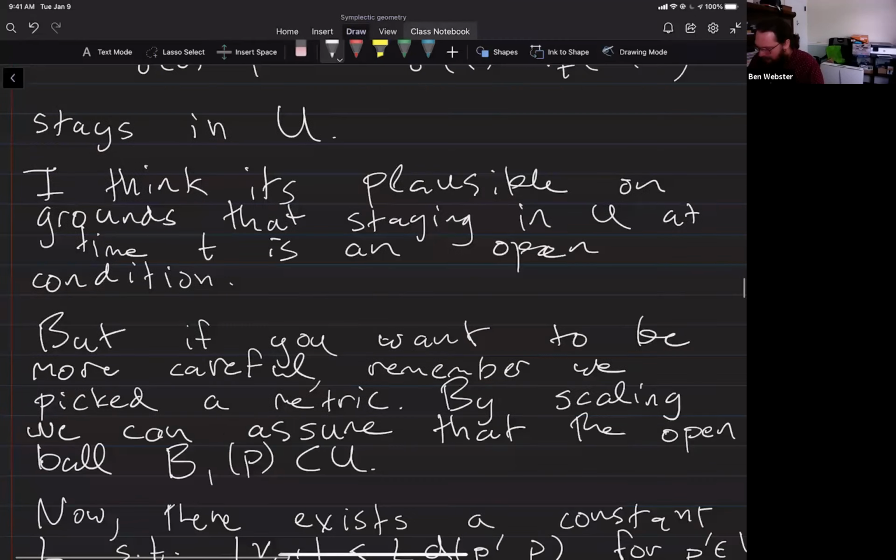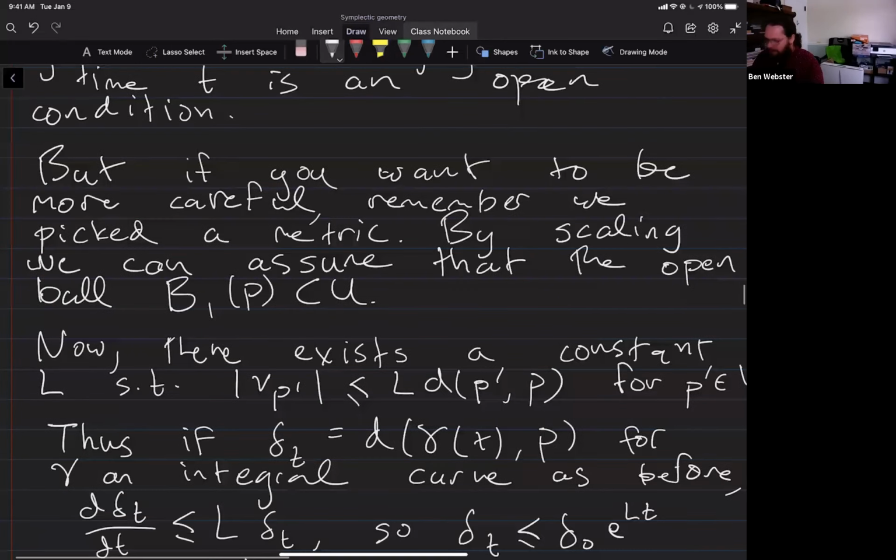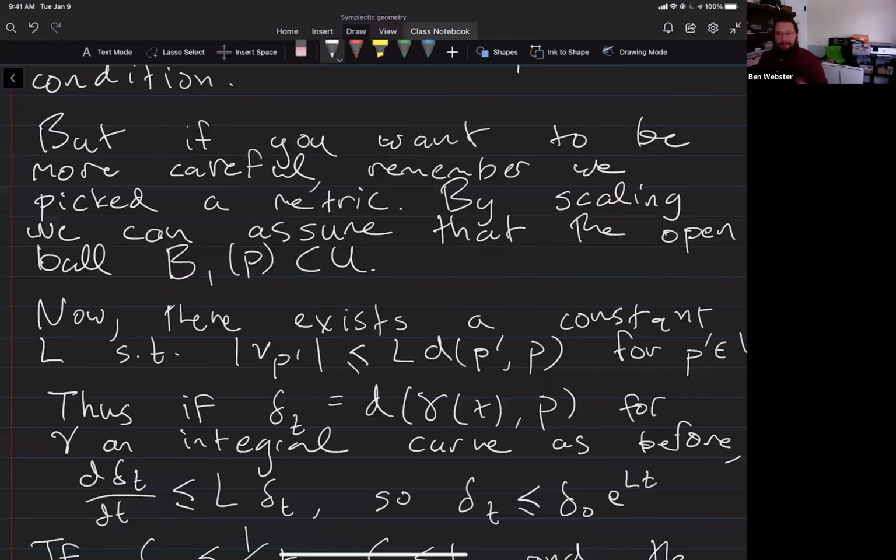I think you can go through a more detailed argument for this. I'm still debating how much I want to say here. But you can choose a metric, and by scaling the metric, assume that the unit ball sits inside U. And as I say, the size of your vectors can't increase too fast.